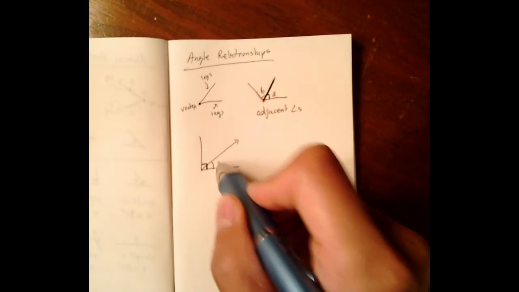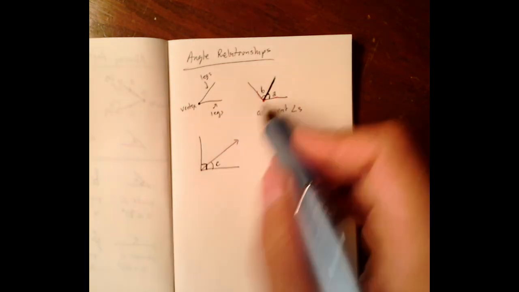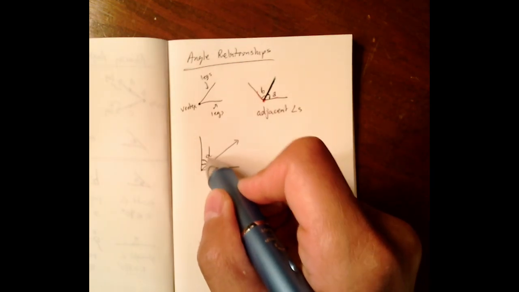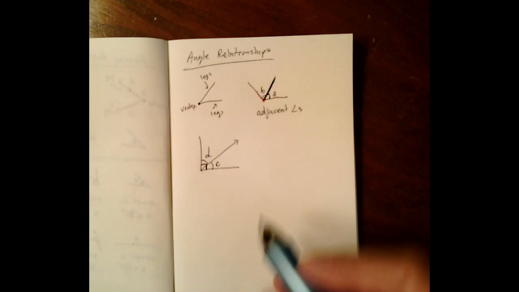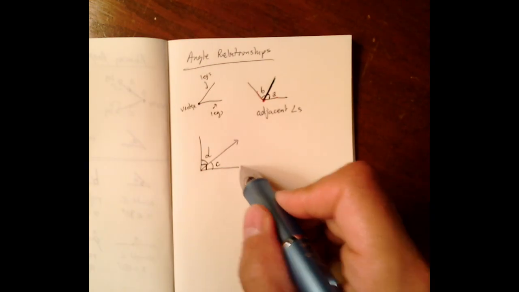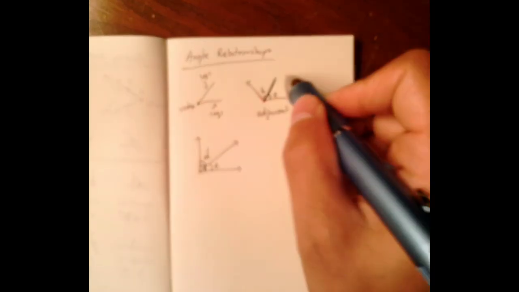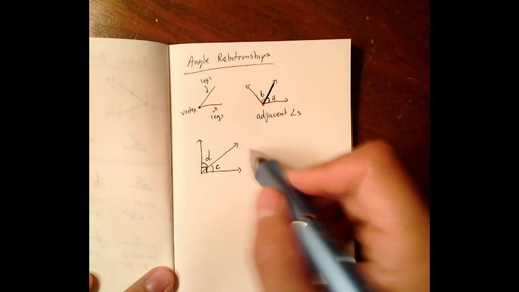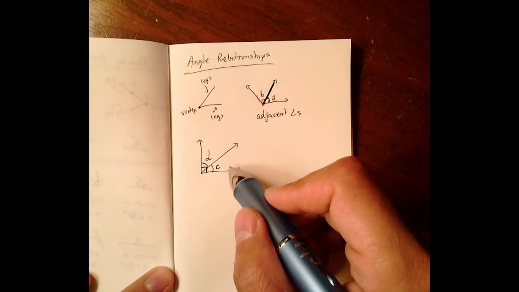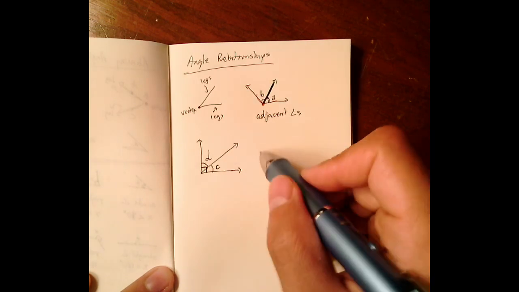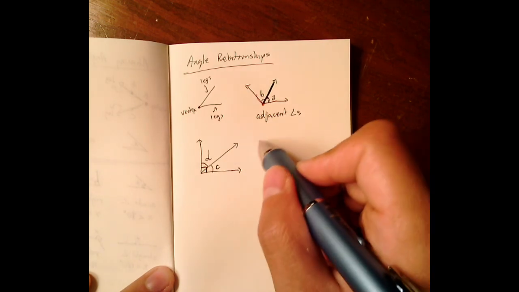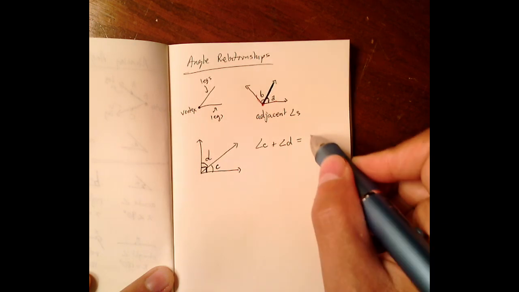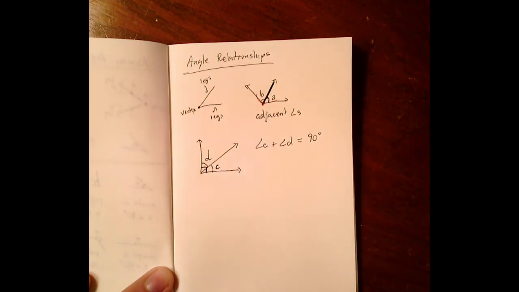We'll call this C instead, just to make sure it's not the same as that, and we'll call this D. Now, this tells me that I have two angles, and they're connecting, so these are adjacent angles, but there's a special kind of angle, because these two angles add up to, if I go angle C plus angle D, they add up to 90 degrees.